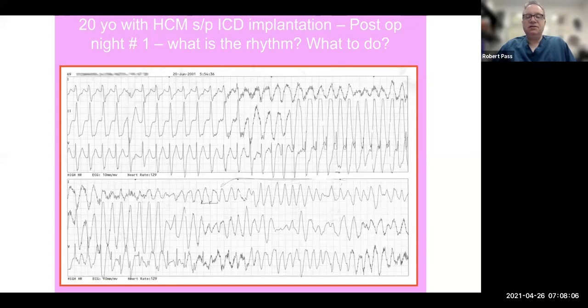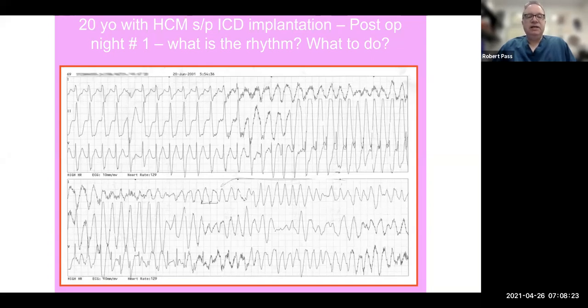And how long it takes the defibrillator to charge and to detect and shock someone is based largely on the program. So the first variable that we can control, as I said earlier, is what rate we want it to detect.